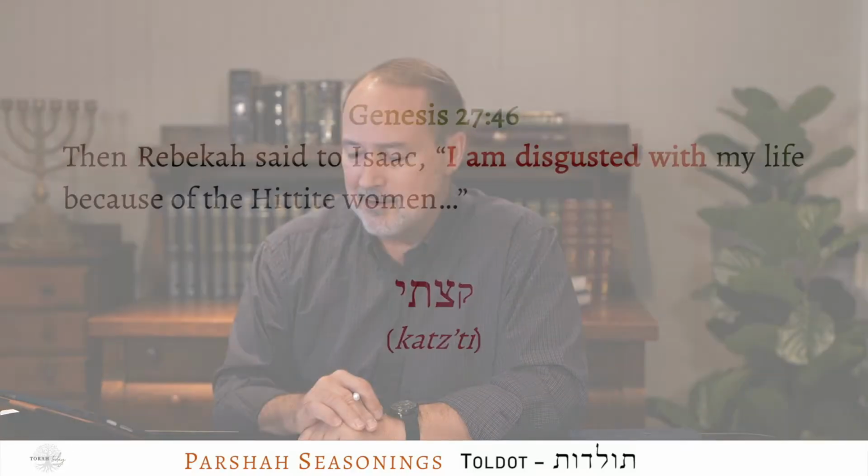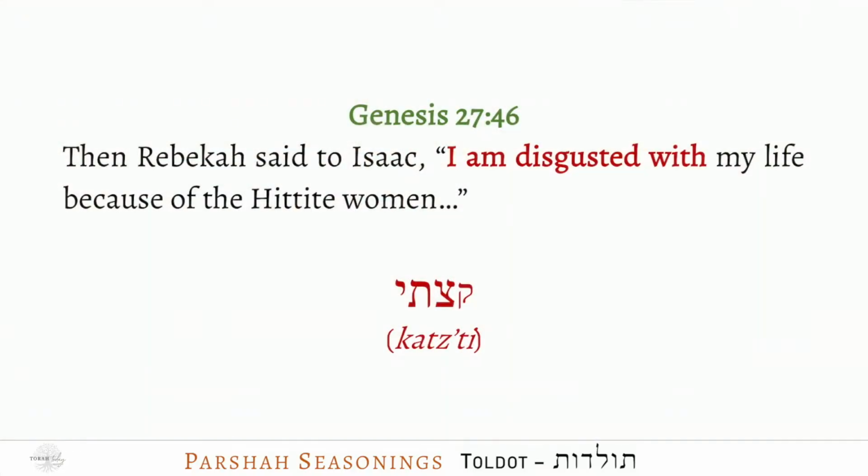And Rebekah did not want that for her favorite son, her favorite twin, who was Jacob. And it says, then Rebekah said to Isaac, "I am disgusted with my life because of the Hittite women." And she goes on to say, Jacob cannot marry one of these women from Canaan. He needs to go back to where you came from, where Abraham came from.